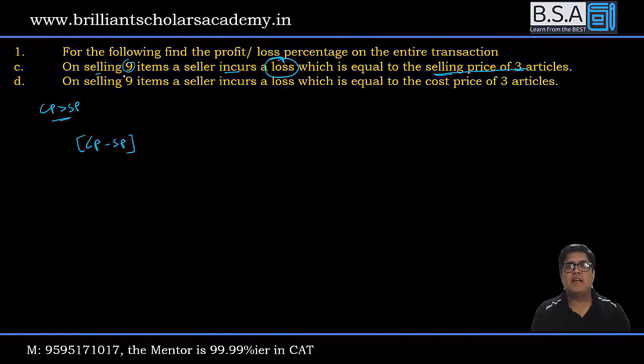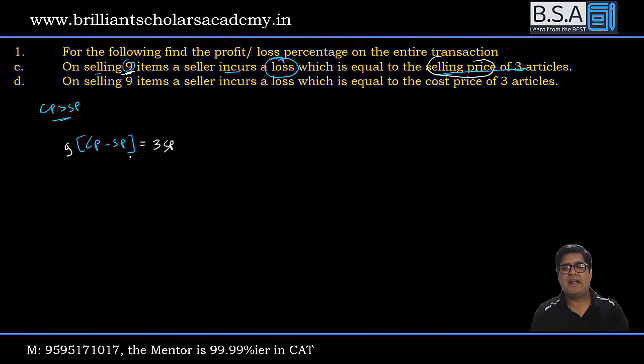How many products are being bought and sold? 9 products. 9 CP minus SP. That is the amount of loss when we sell 9 products. What is that loss equivalent to? It is equivalent to 3 products in terms of selling price. Selling price of 3 products.